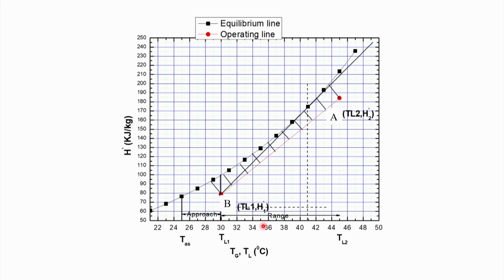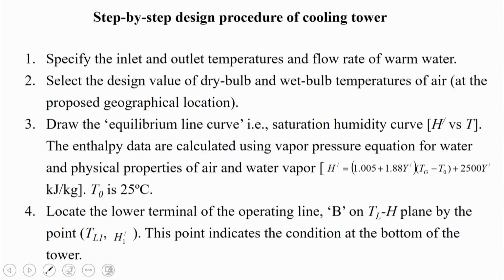So we need to locate this point B. This point indicates the condition at the bottom of the tower, meaning from where the cold water will be exiting from the cooling tower. If we know the enthalpy value and the temperature at which it will be exiting, then we will be able to get point B.